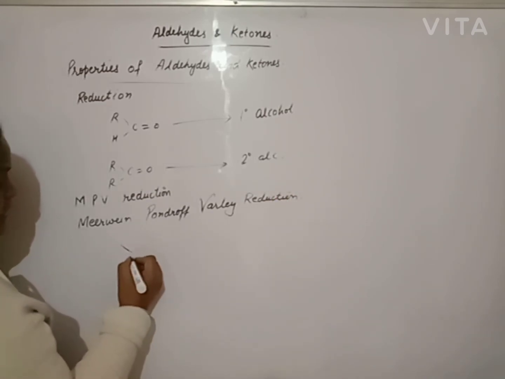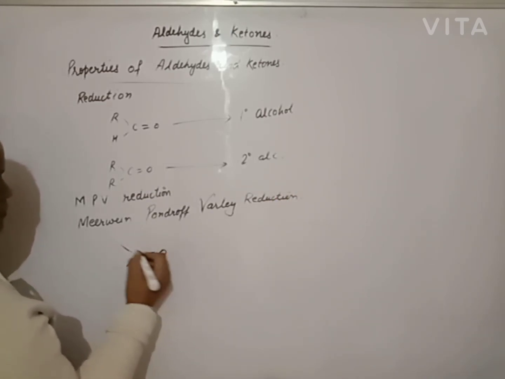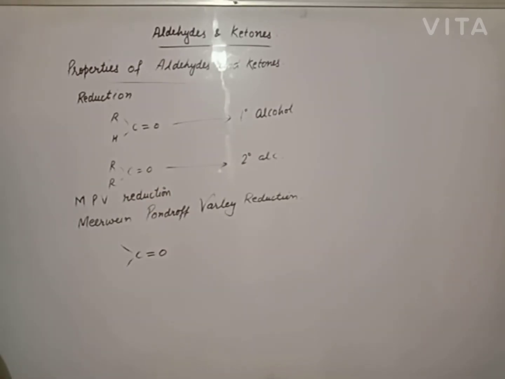Beta, in this case, secondary alcohol is oxidized and ketone is reduced.